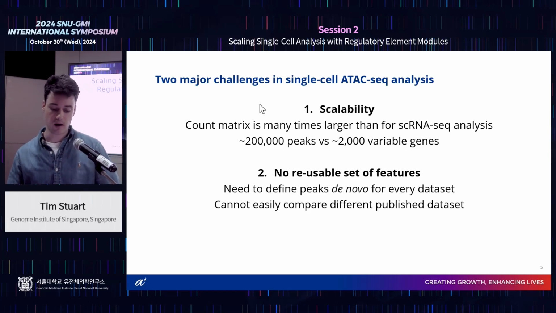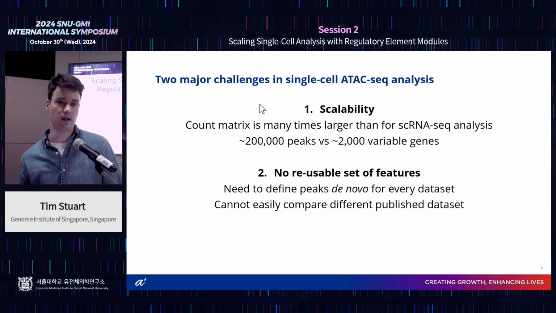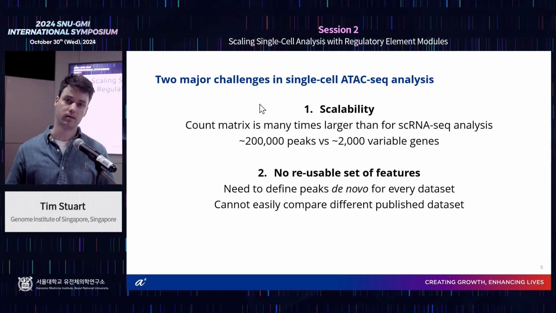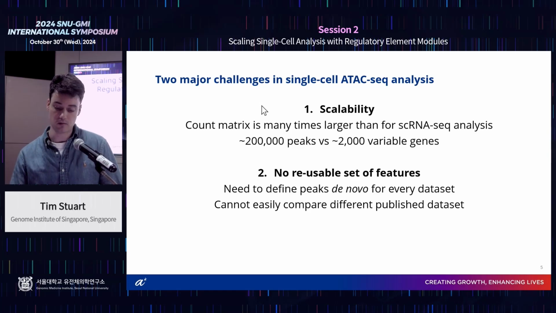That's fine for a single project, but actually becomes a major headache when you start to try to look at published data, aggregate data from many studies and reuse data. They become very difficult to compare.